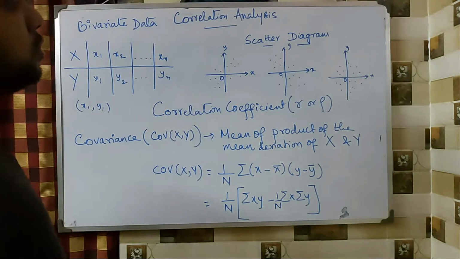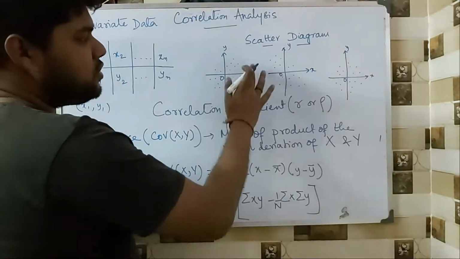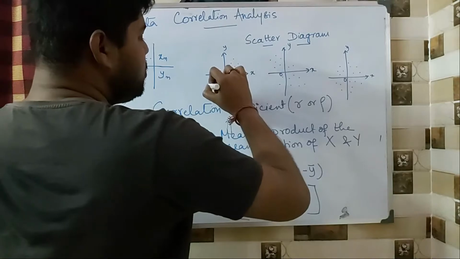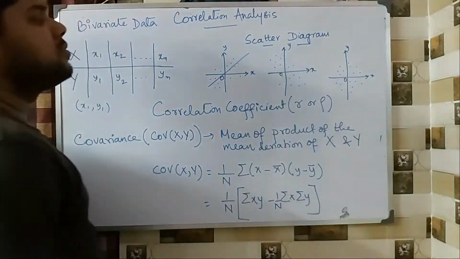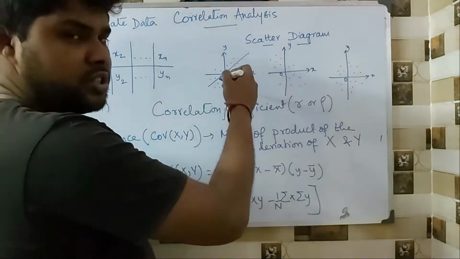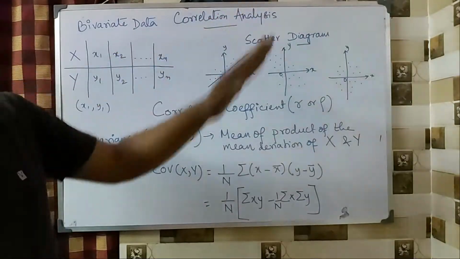Any straight line which follows the trend of the plot. The straight line need not pass through the origin, it can be anywhere, but the trend says that the straight line will go something like this.